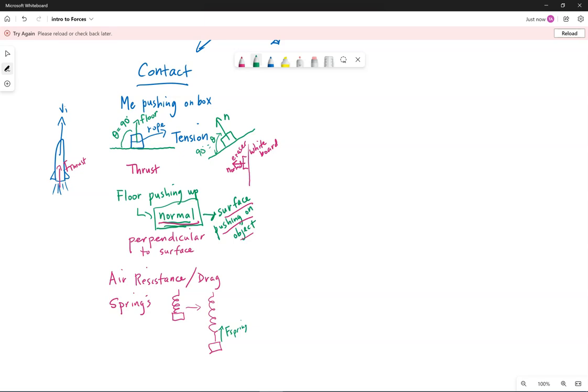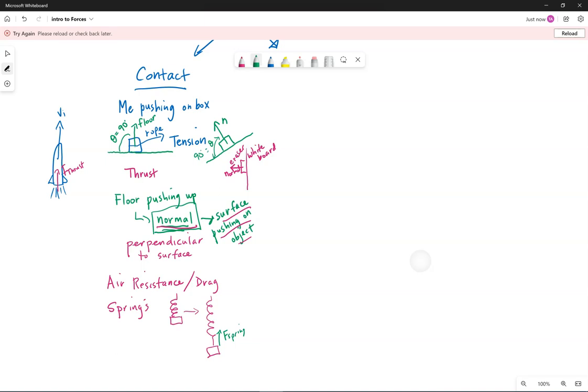Now, the reason it stretches out, though, is the mass is attracted to the earth. The earth itself is pulling on the mass, trying to pull towards the center of the earth. That we call the force of gravity.